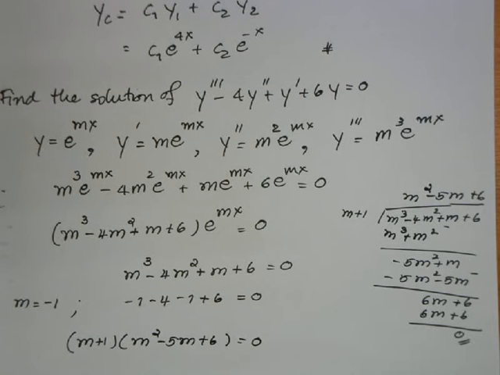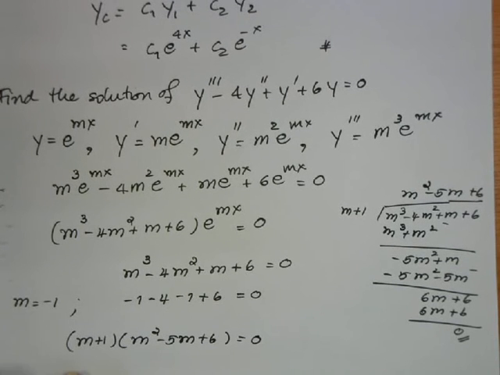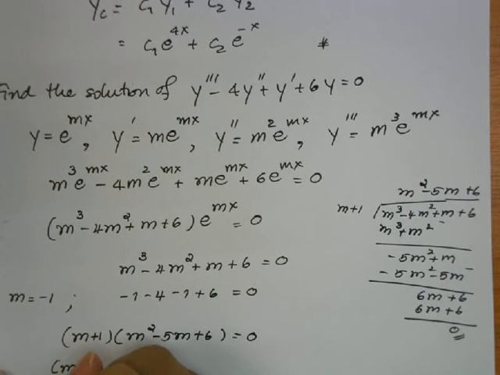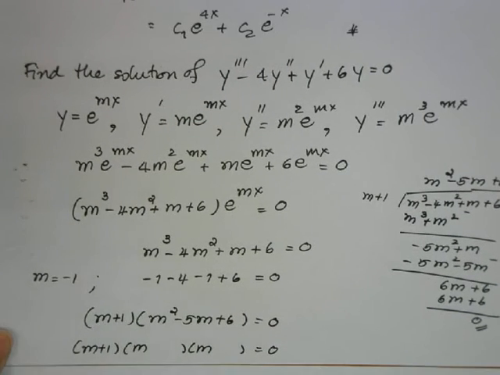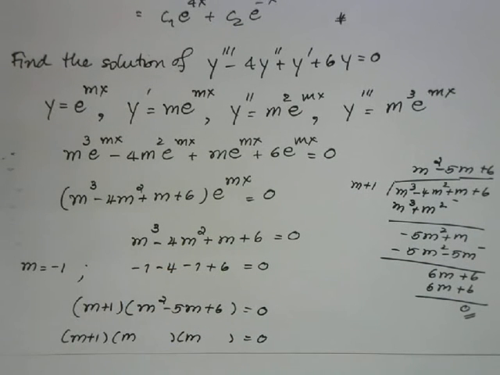So m squared minus 5m plus 6 is combining two terms, which are what? m minus 3 and m minus 2.